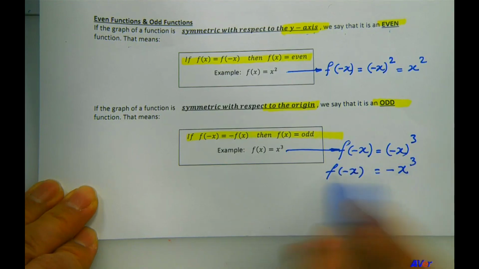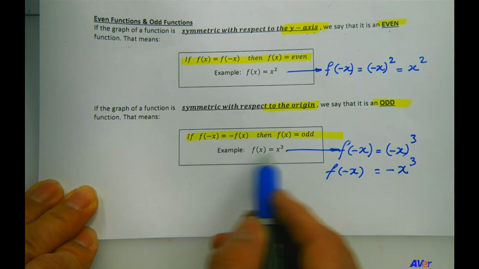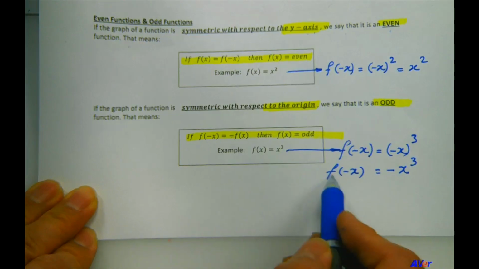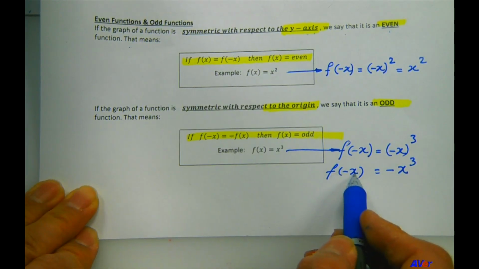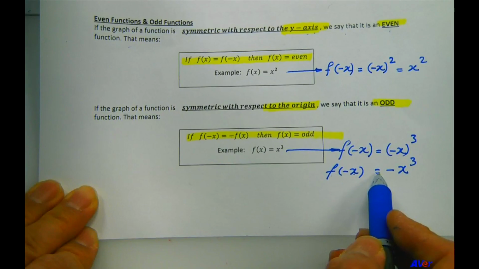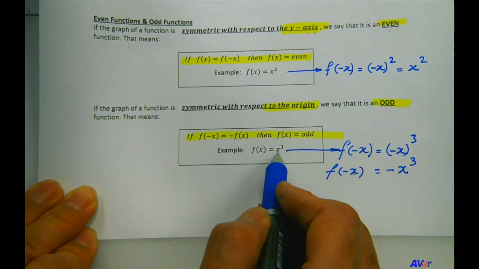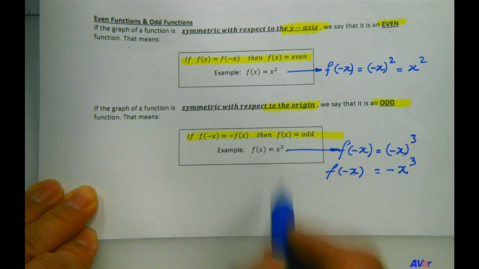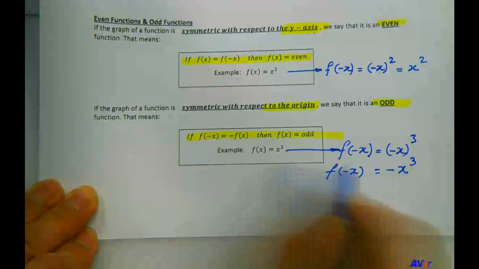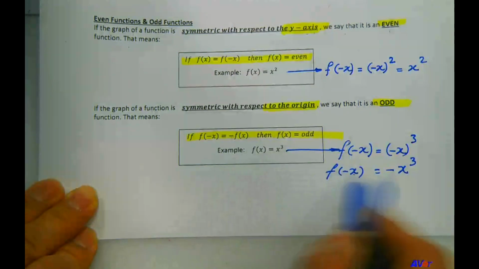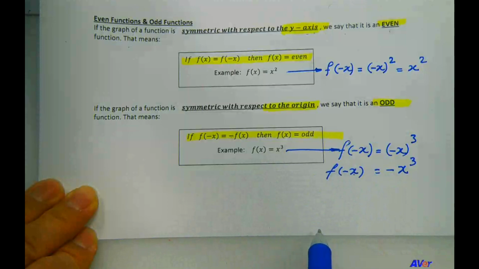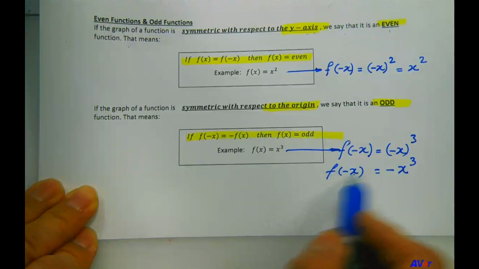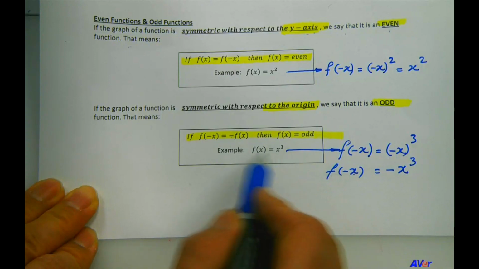Compare this with the original function. So f at negative x is equal to minus the original function, which is x cubed. Visually compare these two. The function at negative x is equal to minus of the original function, f of x.